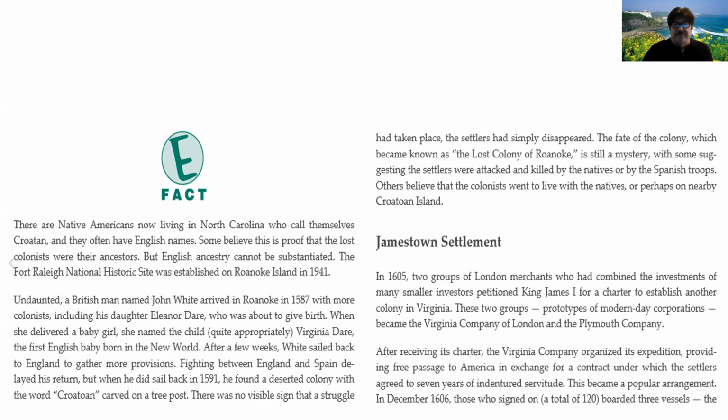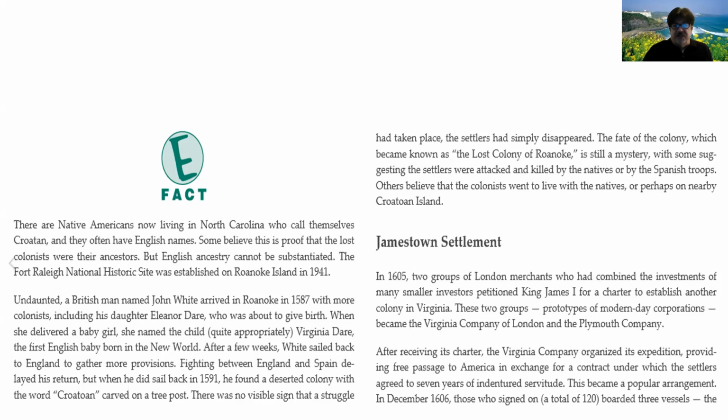Okay, London merchants. Merchants are businessmen, people who own businesses. And they combined or put together their investments with many other smaller investors, petitioned. I think we had this last week when we talked about Columbus.